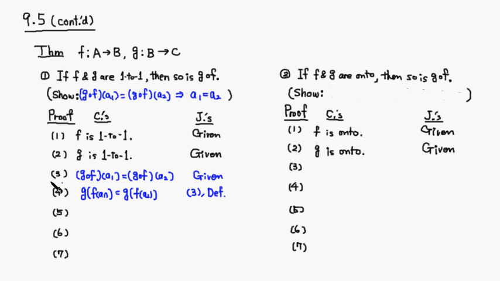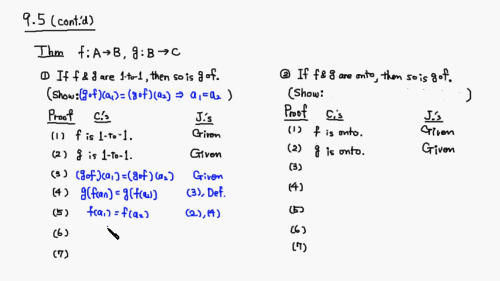So this tells you that f of a1 is equal to f of a2. This comes from line 4, and from the fact that g is 1 to 1 from line 2, applied to line 4.